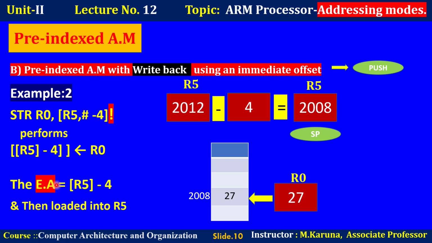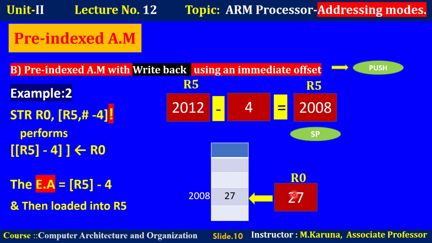The effective address equals R5 minus 4. To that address, whatever data is present in R0 will be transferred to the memory location. Here I am taking R0 as having the data 27.